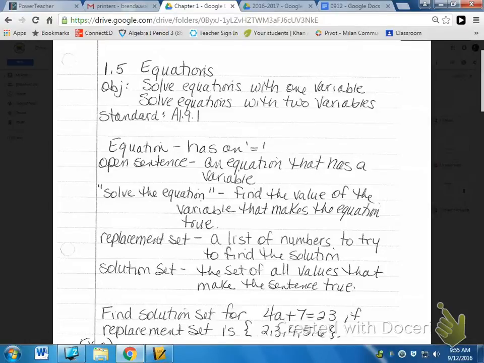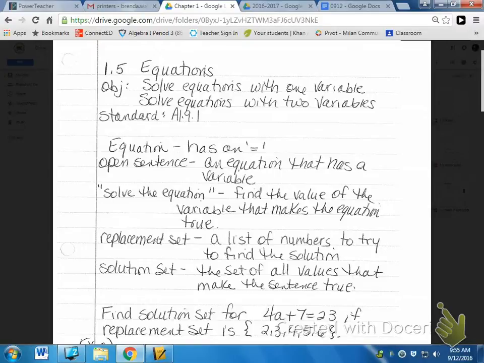To solve the equation, you find the value of the variable that makes the equation true. So you're solving it. Let's say there's an x in there. You want to get to the point where you know that x really is equal to maybe 5 or whatever value it is. That's called solving the equation.